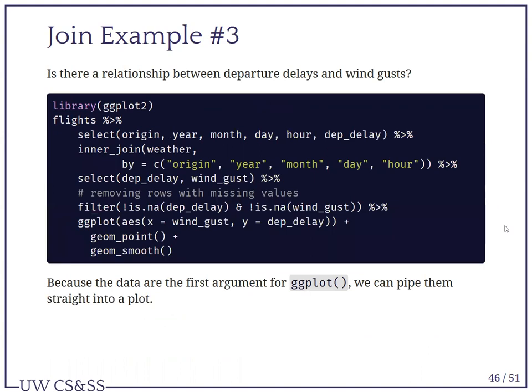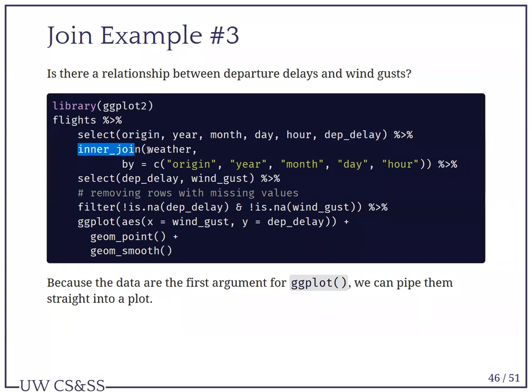Another join example is the relationship between departure delays and wind gusts. First, I'm going to load the ggplot2 package so we can make sense of this. We'll take the flights data and then select the origin, the year, the month, the day, the hour, the departure delay of these flights.